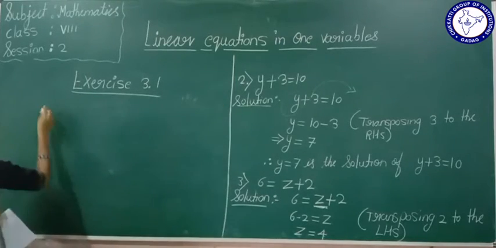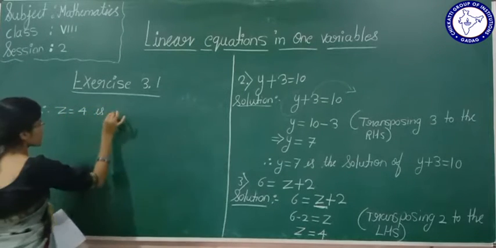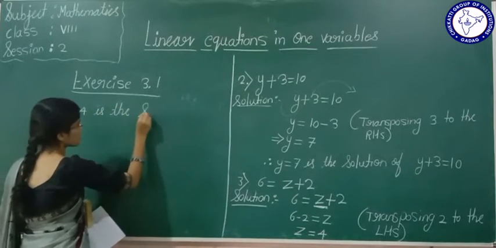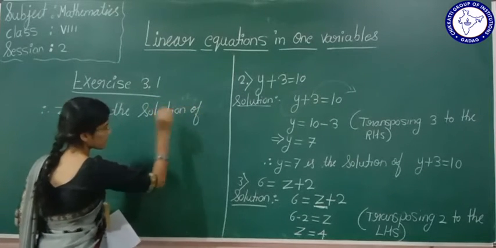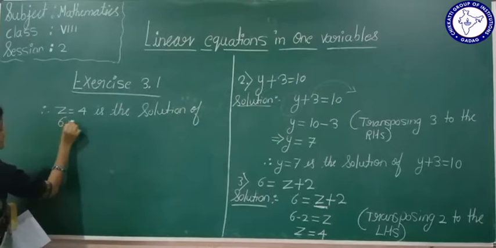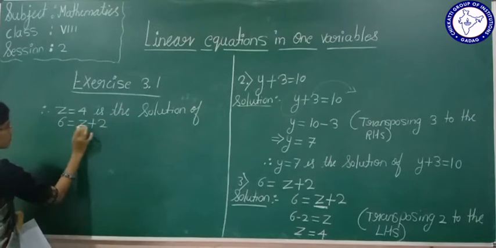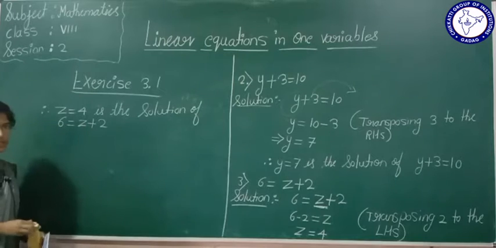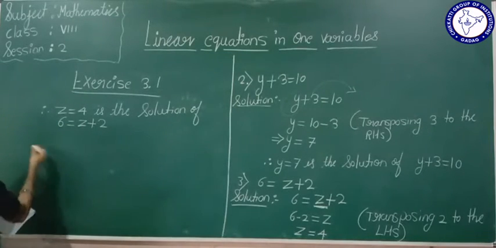Therefore, z is equal to 4 is the solution of the equation 6 is equal to z plus 2. Now verify here. 4 plus 2 is 6. Yes. Now we will see the fourth question.